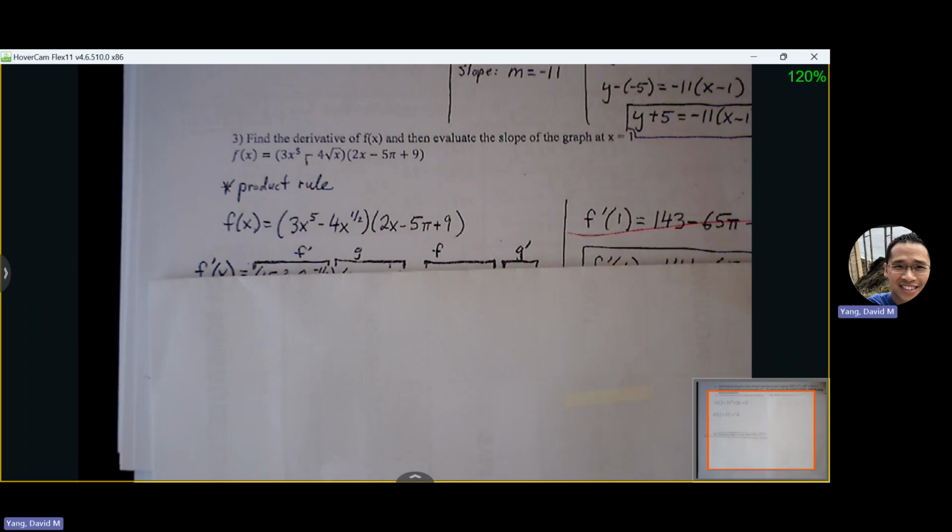You may want to rewrite your expression with a rational exponent so that you can get it ready for power rule.